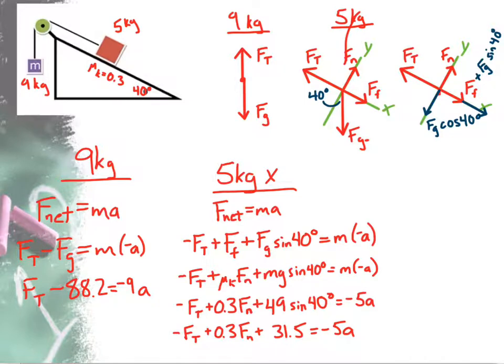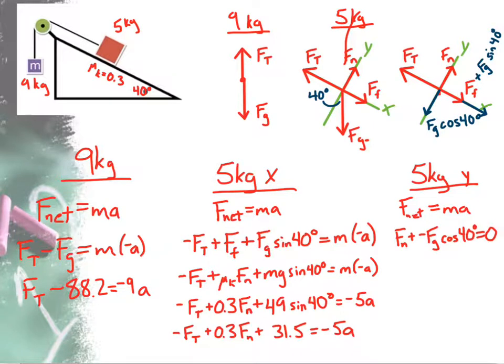But we still have the y direction on the 5 kilogram block, so let's go ahead and write that one out. F net equals ma. Let's write out what the F net is. It's the normal force plus negative force of gravity times cosine of 40 degrees. And we're going to set that equal to 0 because there is no acceleration in the y direction.